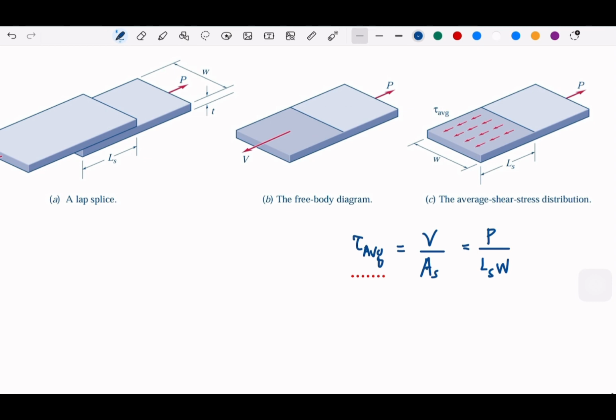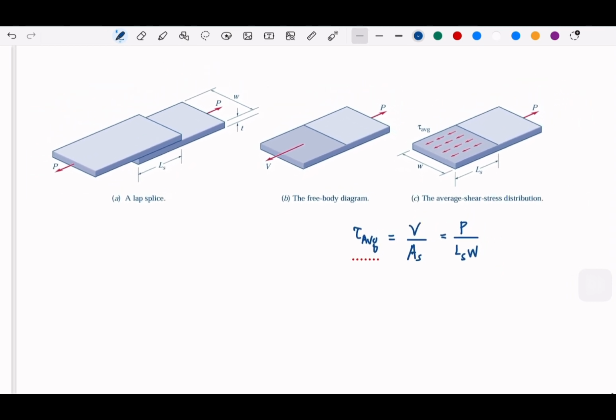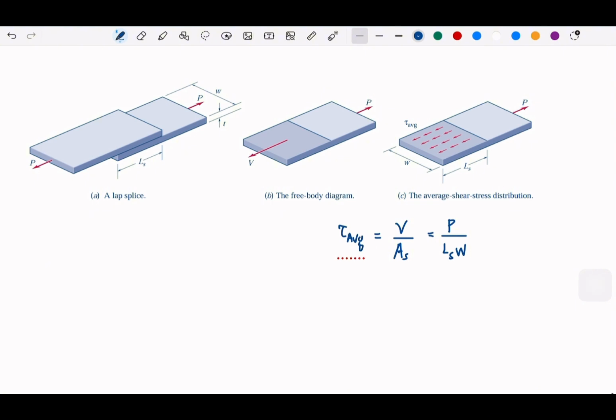So we can see that the difference between the normal force and the shear force is only the direction. The shear is in parallel with the surface itself.